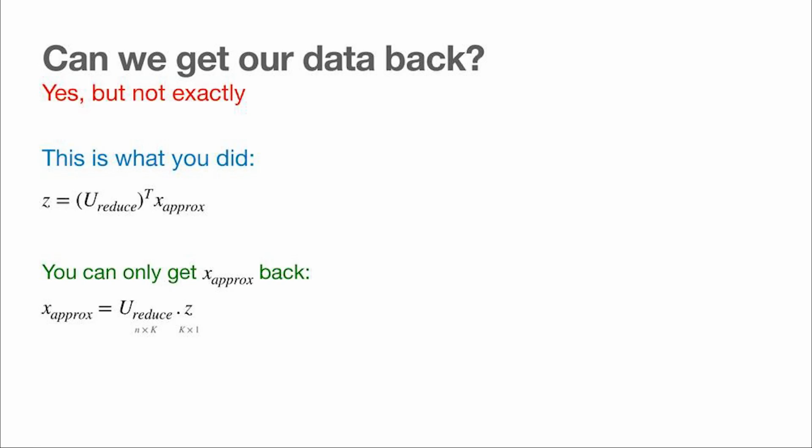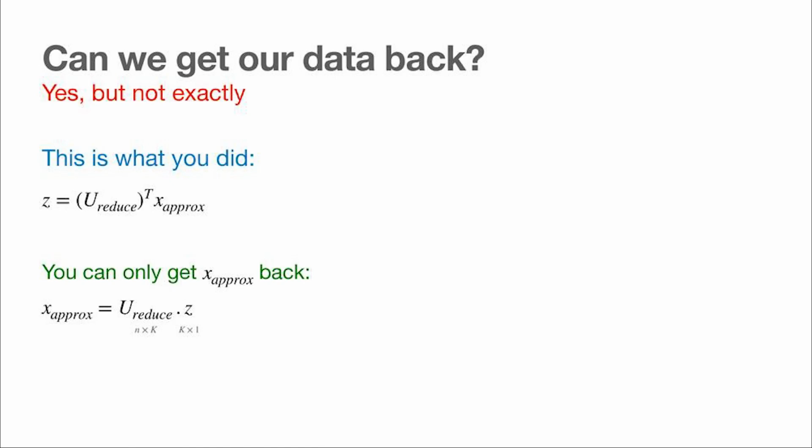Well, yes, you can do that, but not exactly. Remember that you were using the approximated value of x, because that is the value of x which you use to combine and generate this new feature z.